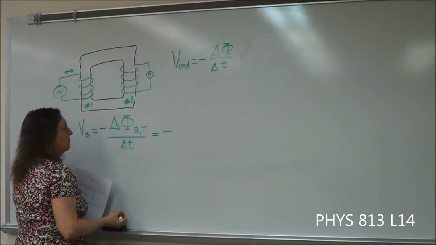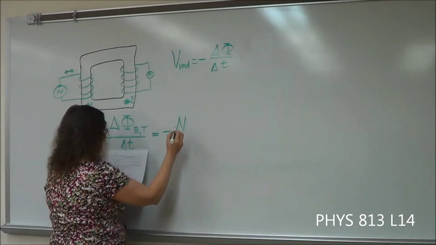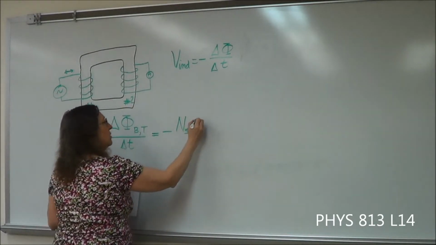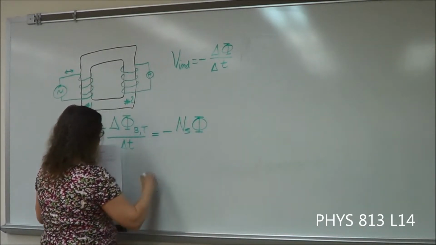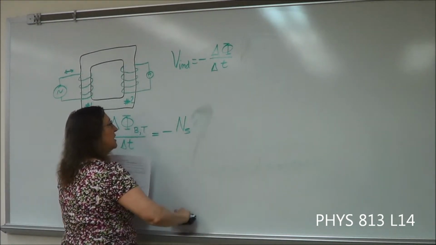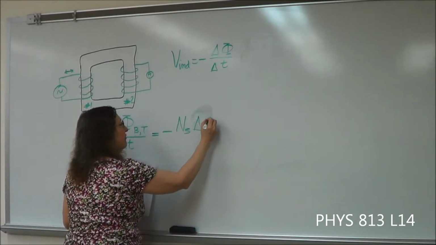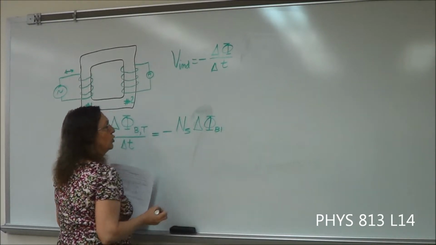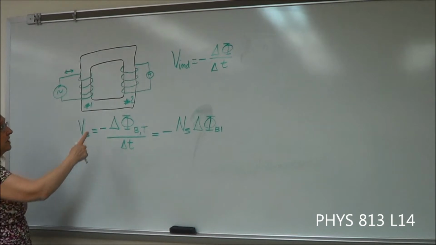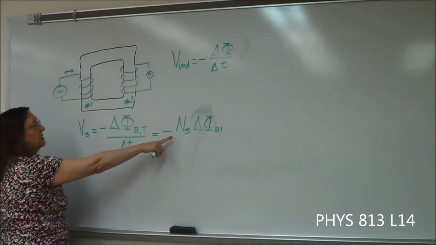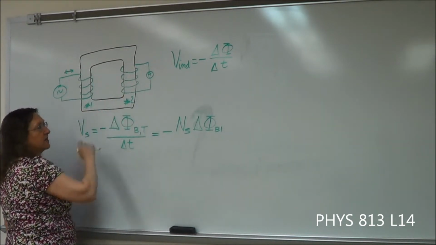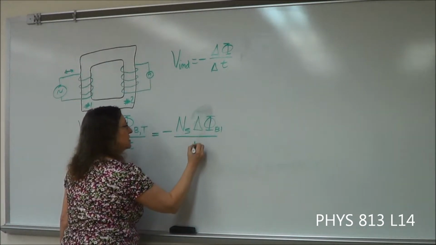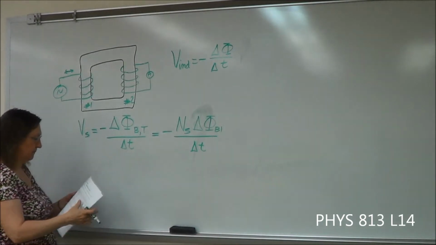So I'm going to put minus capital N, and it needs a subscript S for secondary, and then we're going to have this as the change in the flux, the magnetic flux, for one loop. So basically our total is going to be the number of loops times the change in flux for one of those, and then we still need to have it divided by delta T.